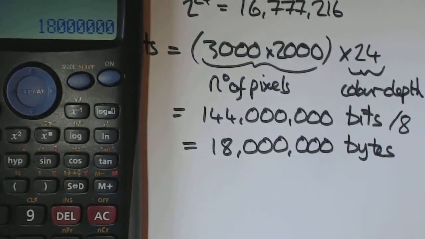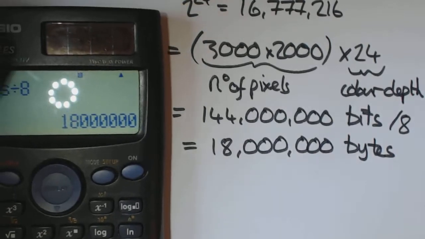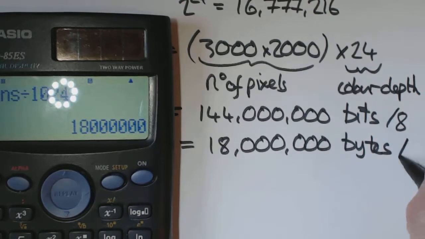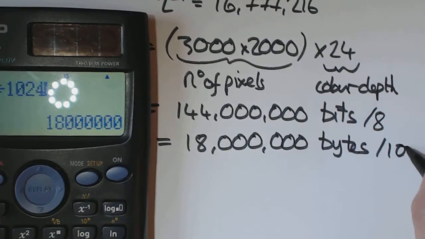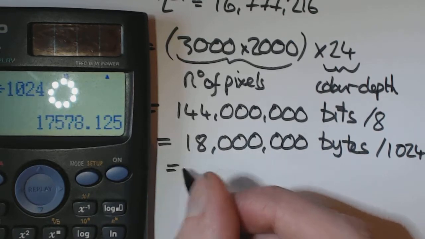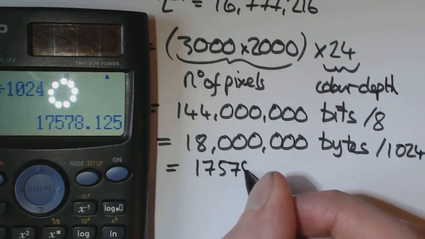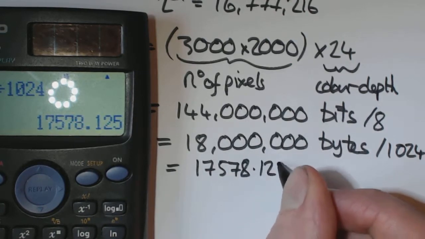We then divide that by 1024, and that will give us kilobytes: 17578.125.